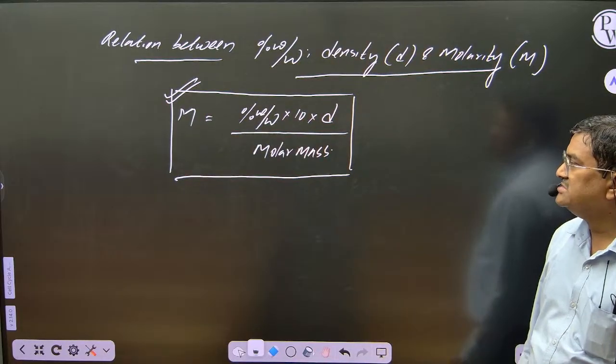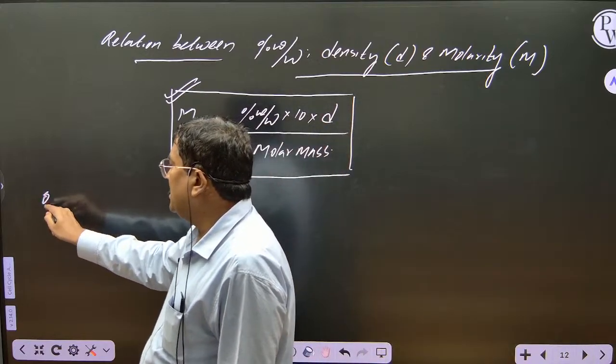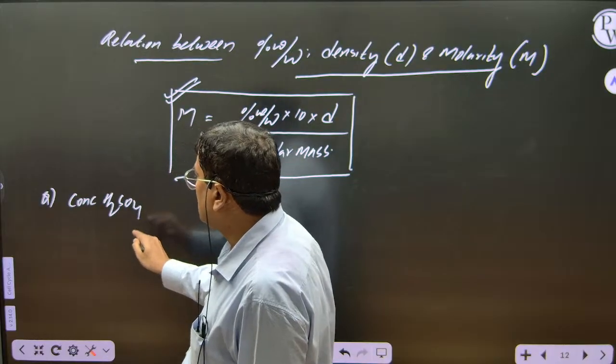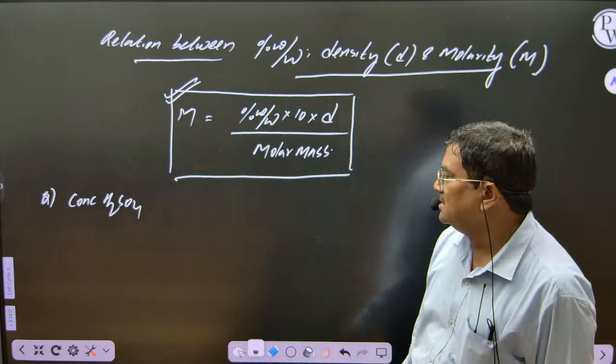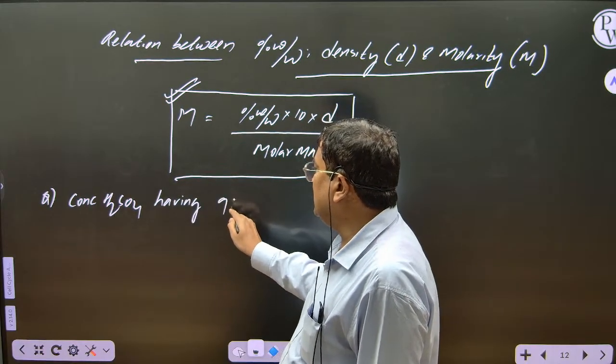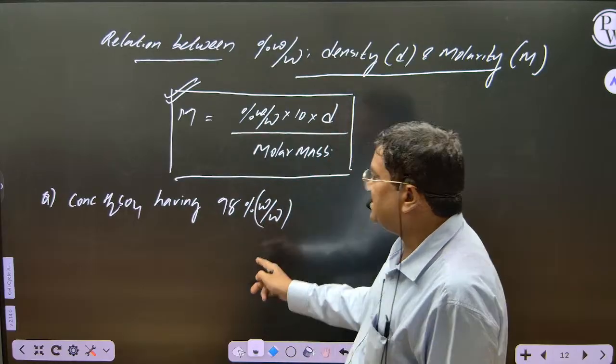Now write one question related to this. See how they ask a problem in the exam. A concentrated sulfuric acid having mass percentage 98% W by W. What is W by W? Mass percentage.